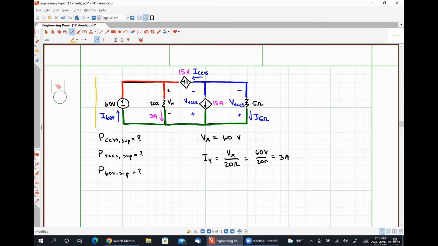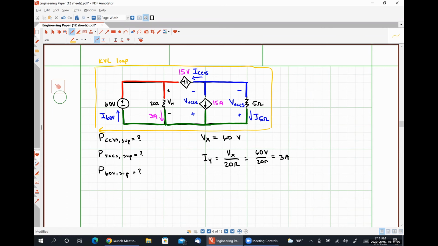So we're going to start from this bottom left-hand corner, go across like so, go down like so, and come back across. So this is where we're going to write our KVL loop.